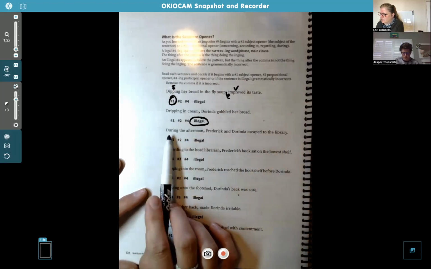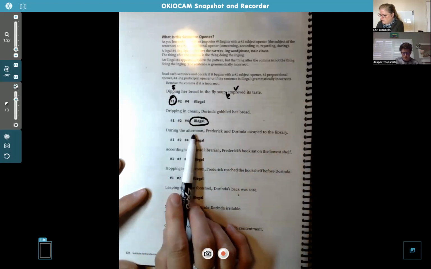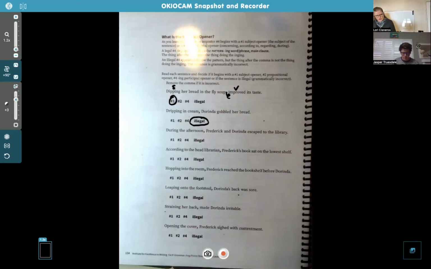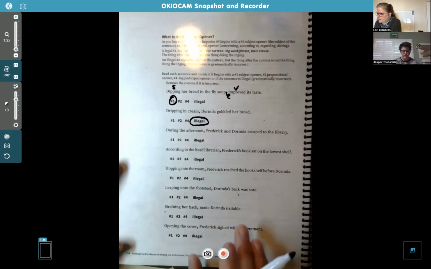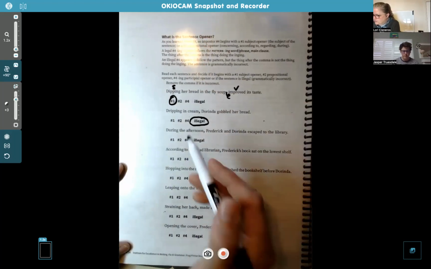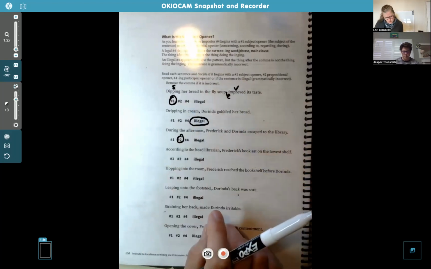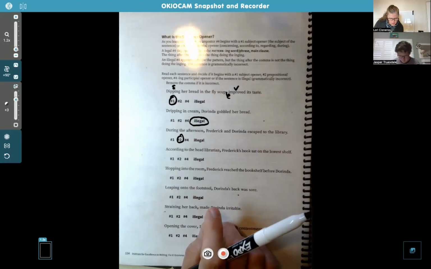Looking at this one, okay, during the afternoon, Frederick and Dorinda escaped the library. Is that number 2? It is, yes, because that is a preposition. During, good. So during the afternoon is a preposition.